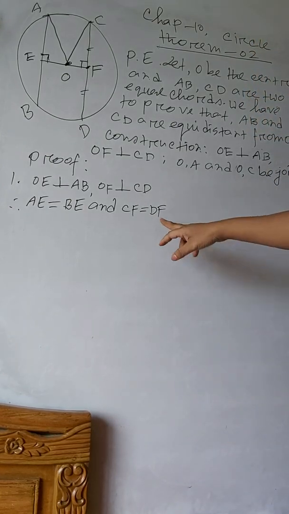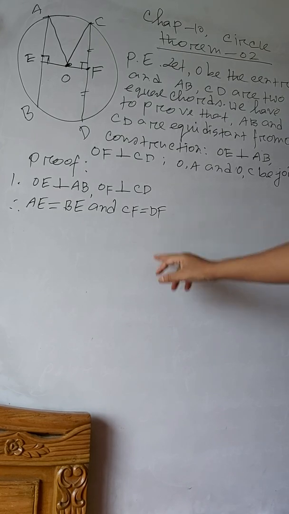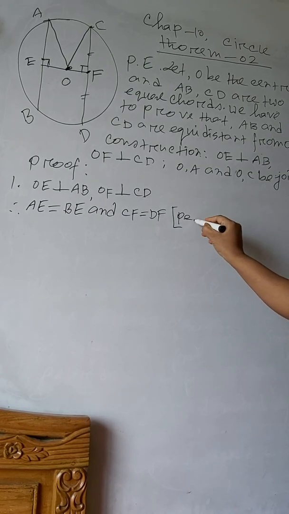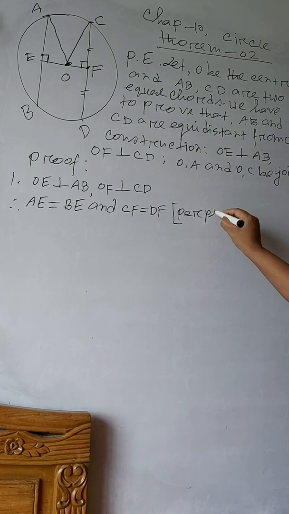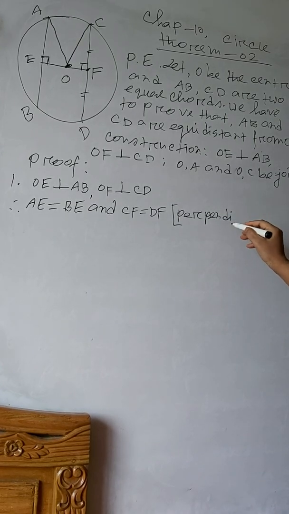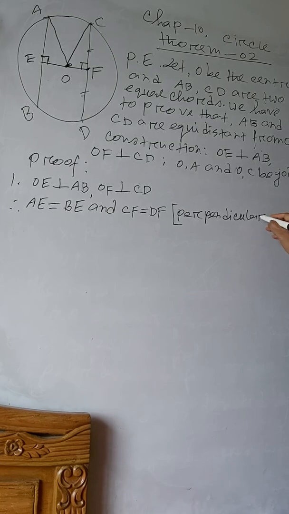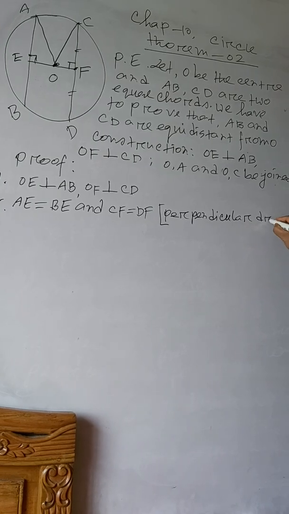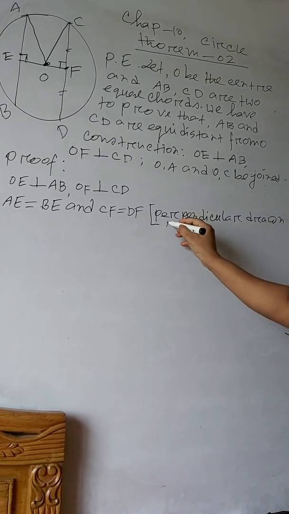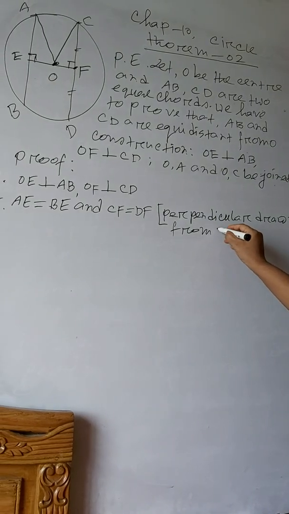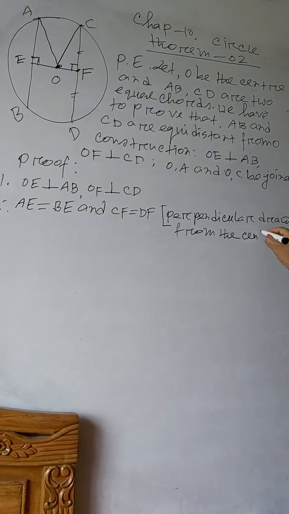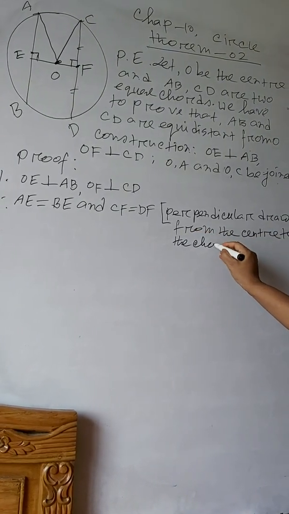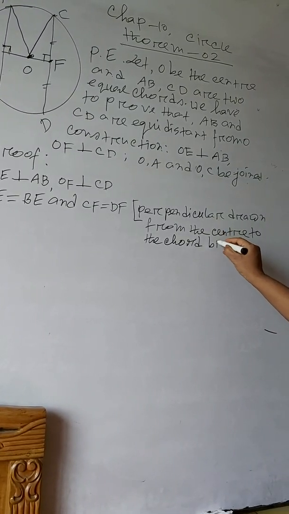The perpendicular drawn from the center to the chord bisects the chord.